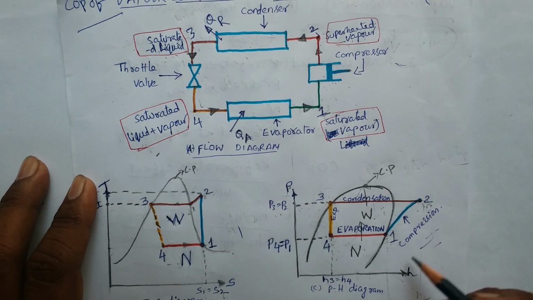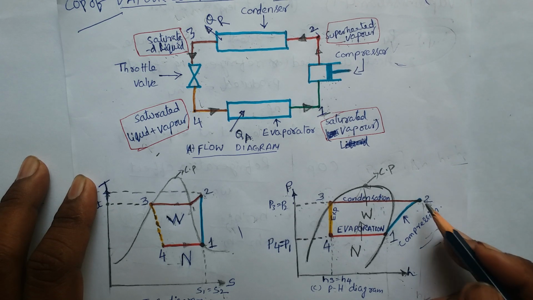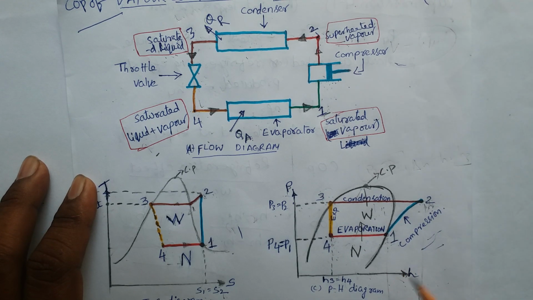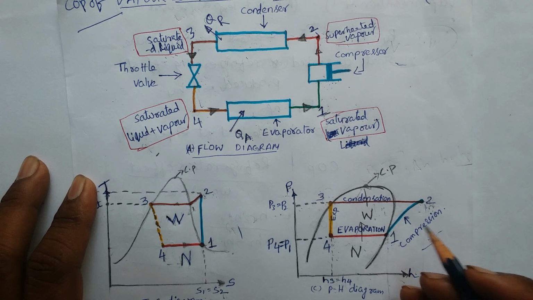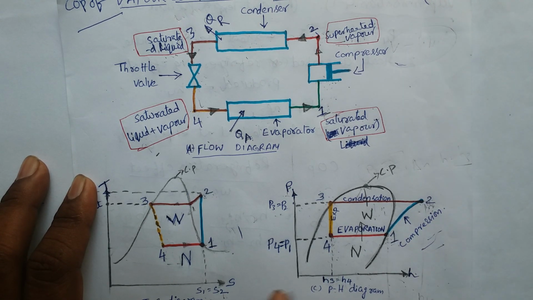So the work done by the compressor is H2 minus H1. We can find H2 or H1 by using the entropy formulas also.